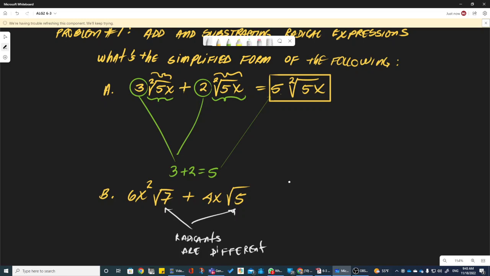So the answer to this will be you cannot combine these expressions. And the reason why you can't combine these expressions is because the radicands are different. They have the same index, but the radicands are different. Okay?